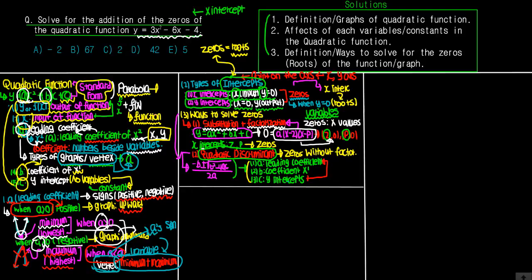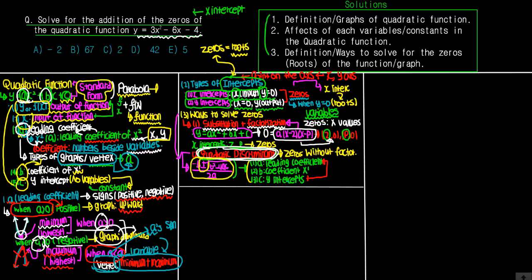And for the second one, which was the quadratic discriminant, we were applying our formula. Our formula was negative b plus or minus the square root of b squared minus 4ac, over 2a. There were two roots, shown with the plus or minus sign.